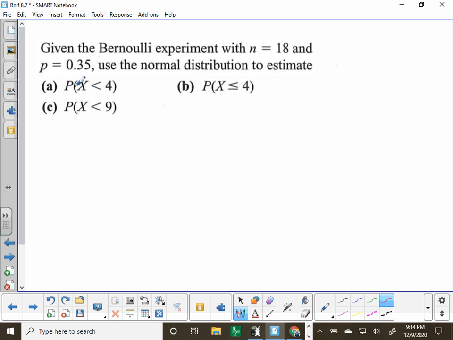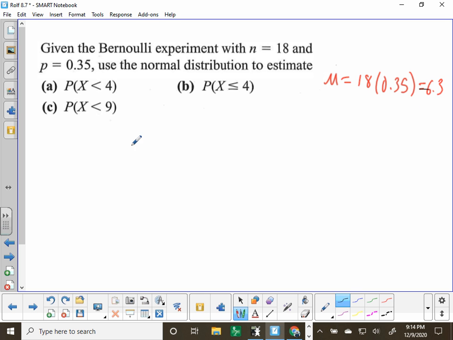Okay, so my expected value for this one would be mu is equal to 18 times 0.35, which is equal to 6.3. So my expected value is 6.3.